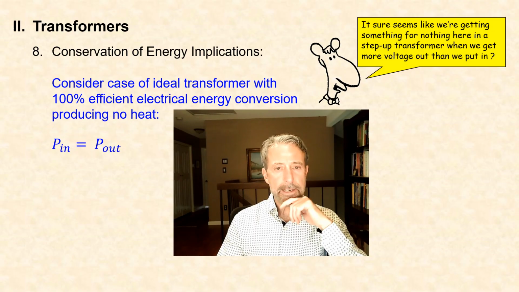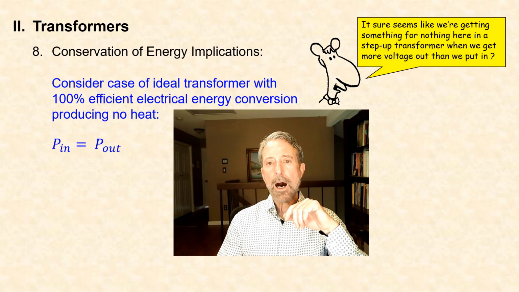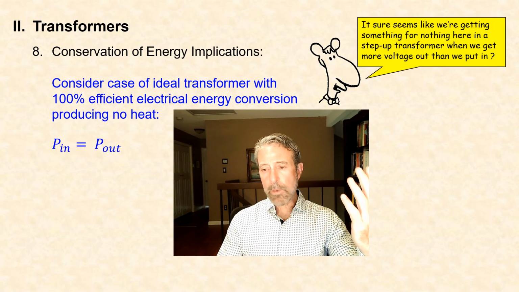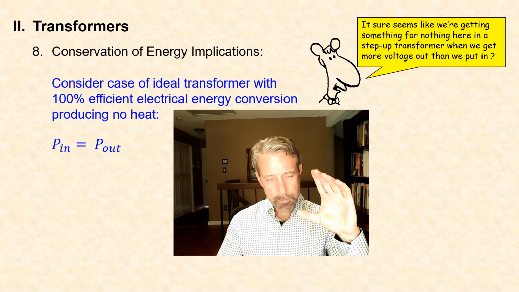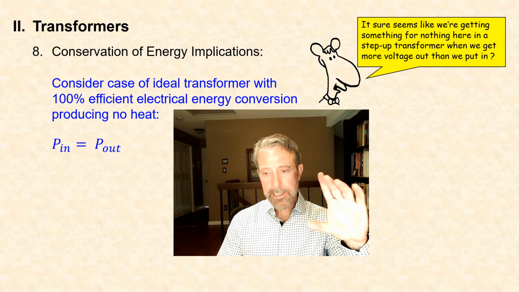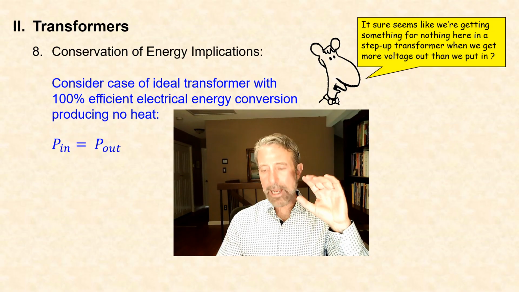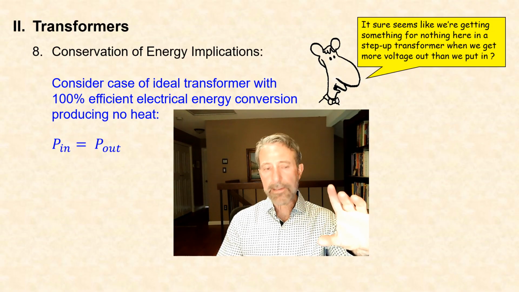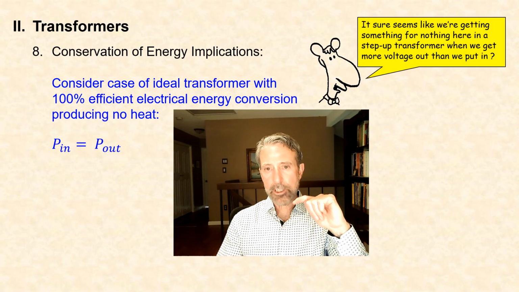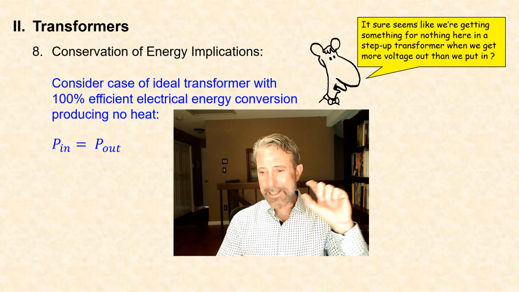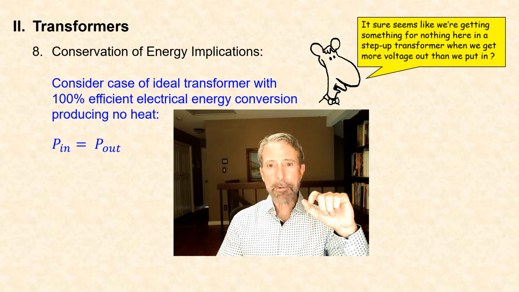With that said, I want to stress again that this is for the case of the ideal transformer. This is the assumption that we make: perfect flux linkage, no electrical energy loss. That would mean that the transformers would not heat up.